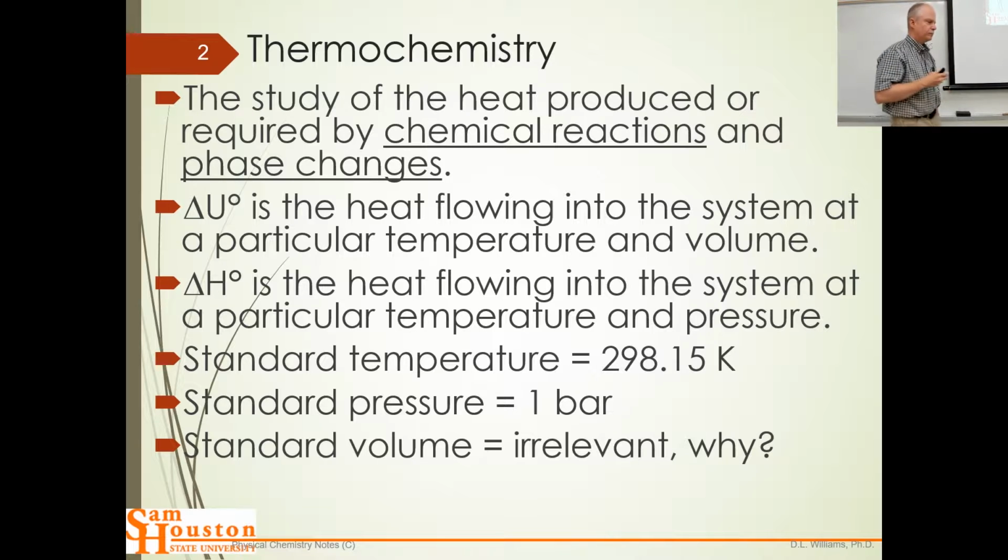These are some of the easiest calculations to do because you look them up in thermodynamic tables. So delta H of formation, you can look that up and figure out what the delta H of reaction is by finding the reactants and products and subtracting the reactants from the products. You can do the same thing with Gibbs energy and with entropy. But in order to come up with those, you need standard values.